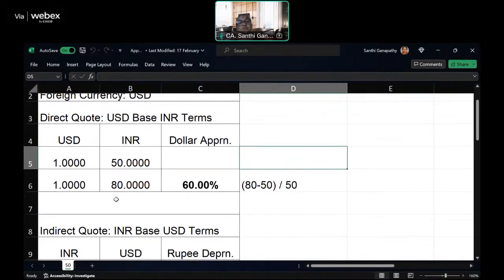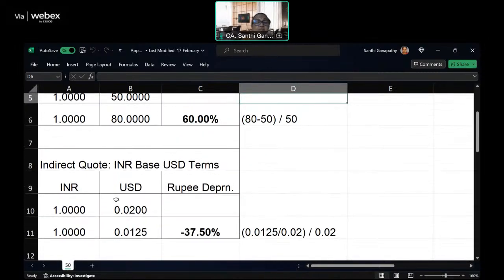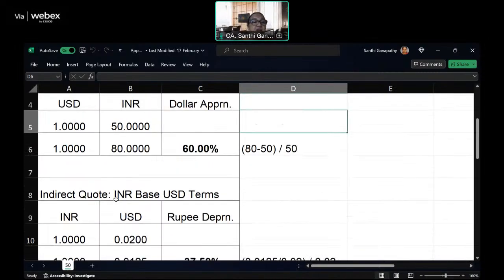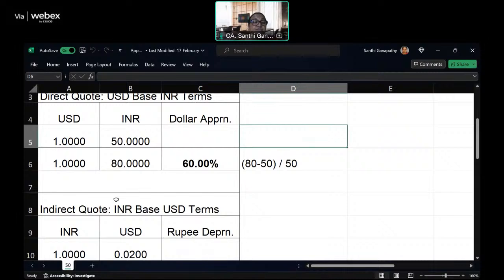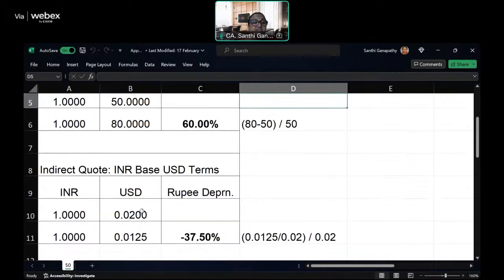We know that to convert one quote into the other, we need to take the inverse. Whichever currency is appreciating or depreciating, I should have that as the base. Therefore, $1 is equal to 50 INR is the same as 1 INR is equal to 0.02 USD. Similarly, 1 INR is equal to 0.0125 USD.